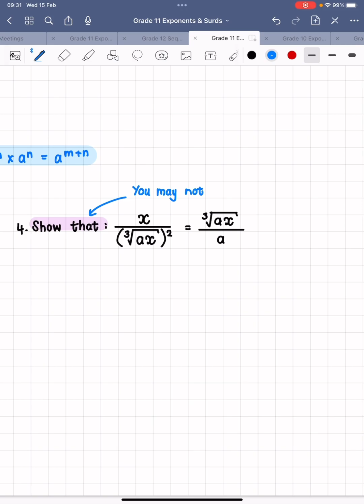But now they're saying we must show that this equation is true. So you may not work on both sides simultaneously at the same time.